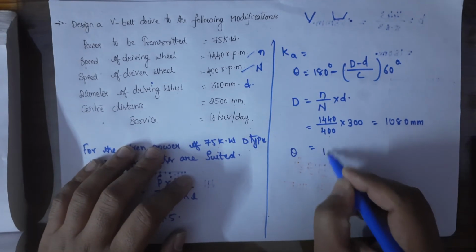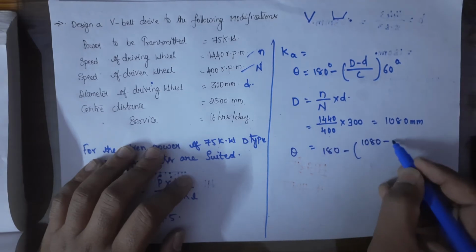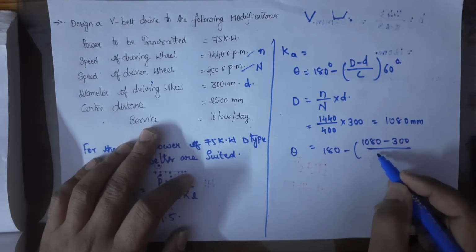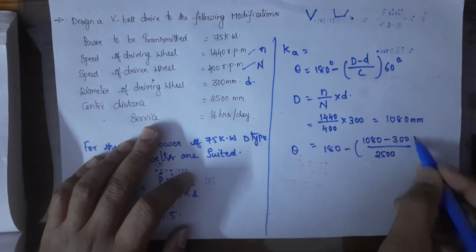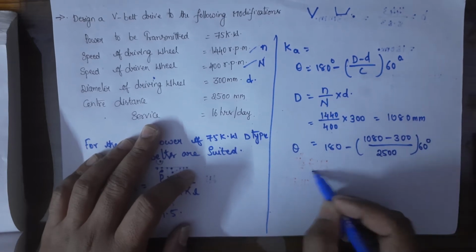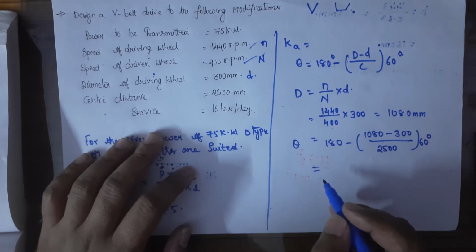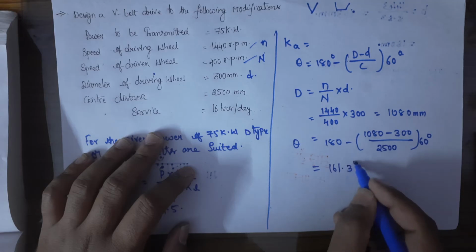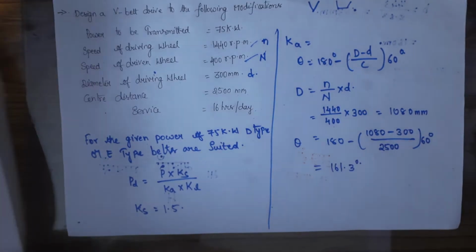Theta is equal to 180 minus (capital D, 1080, minus 300) by the center distance, that is 2500, into 60 degrees. The value that we are going to get will be in degrees, that is 161.3 degrees. After getting the theta value, we have to select the correction factor.